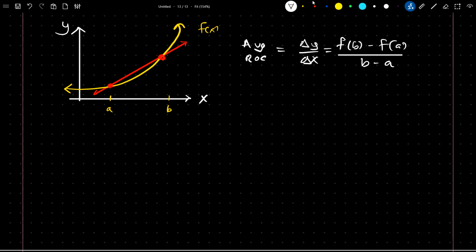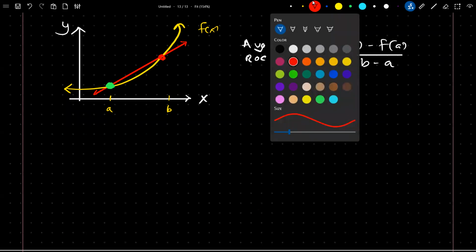Now, we also talked about what if we want to find the slope of the function f of x at one particular point. For example, if I'm interested in finding the gradient of the curve f of x at the point a comma f of a, how could I do that?